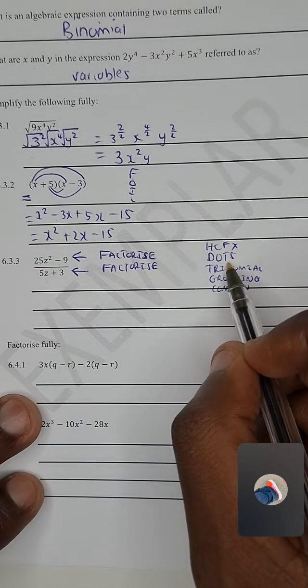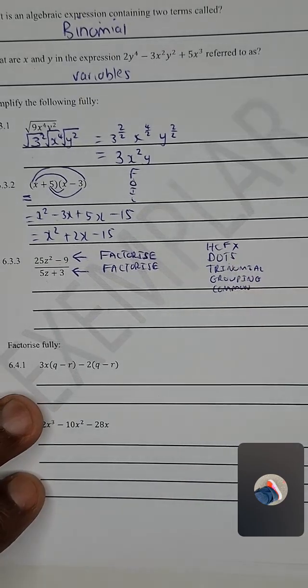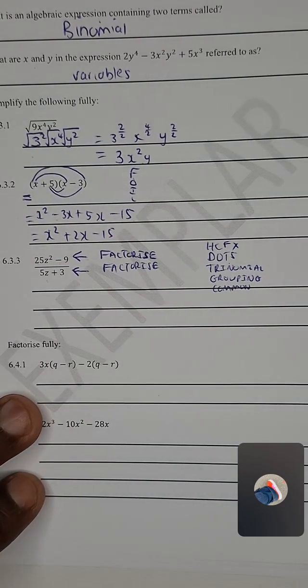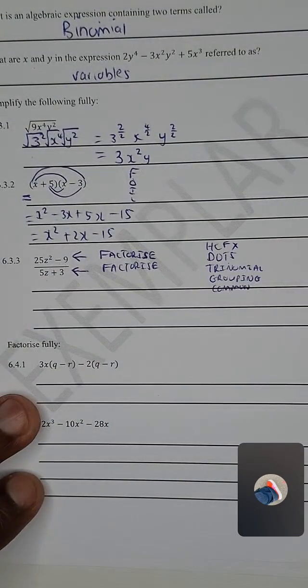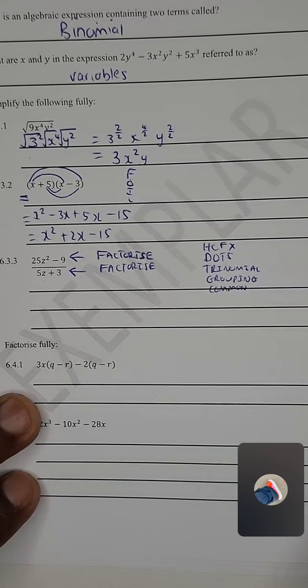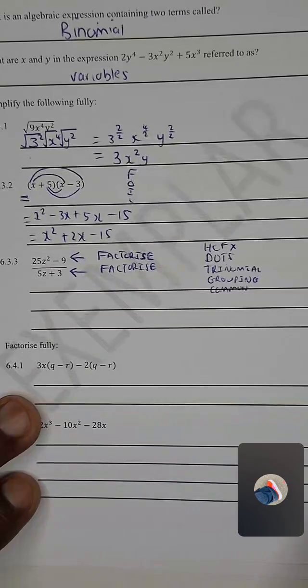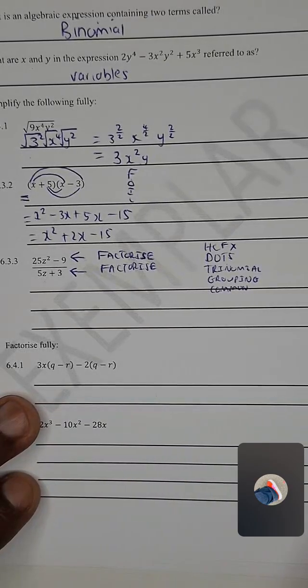Difference of two squares, yes. Do you know what you do when you apply difference of two squares? So what would we do here for the expression at the top? We'll first look for the number that we can divide the expression by without leaving a remainder.